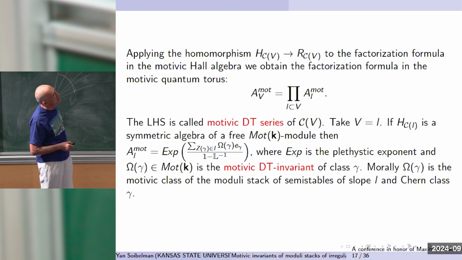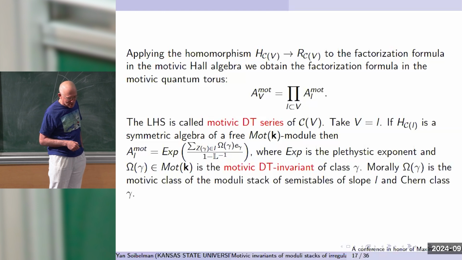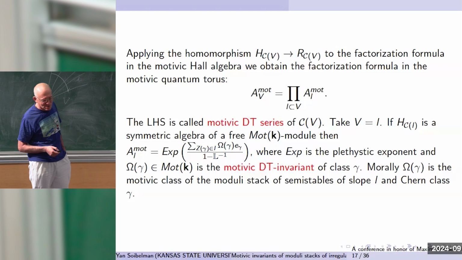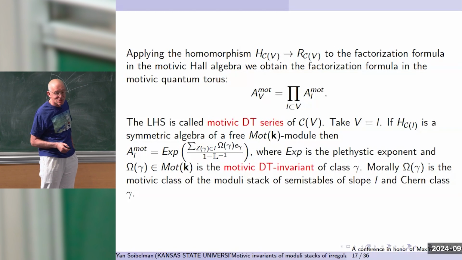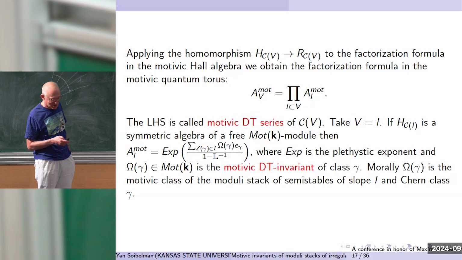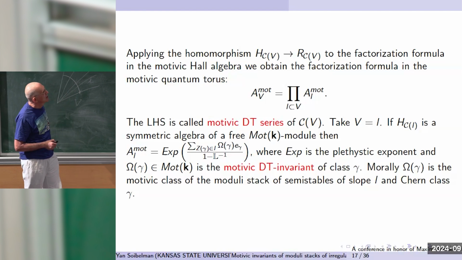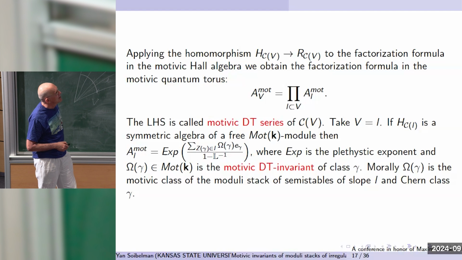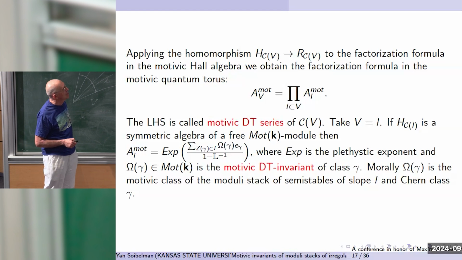Now, if we take, for example, V to be a ray, it often happens that the corresponding motivic Hall algebra is just a symmetric algebra. Generically, this is the case. And then we can define the motivic Donaldson-Thomas invariant using the plethystic exponent by this formula.